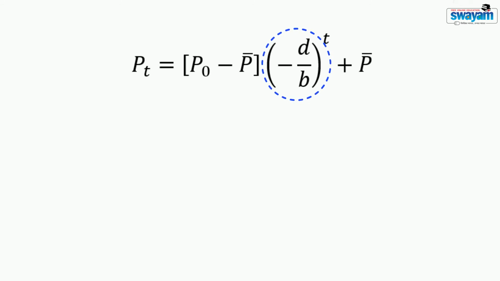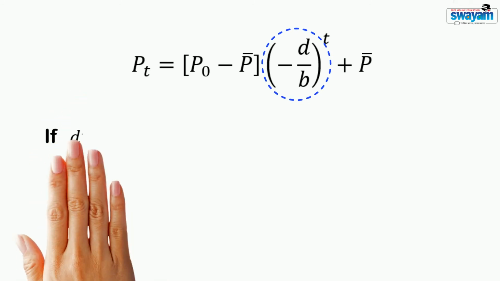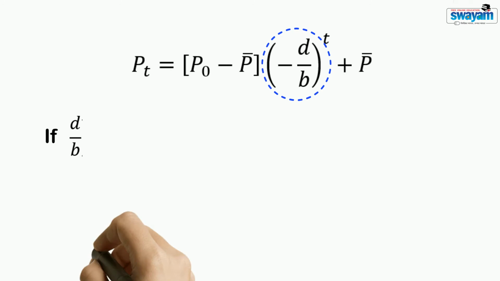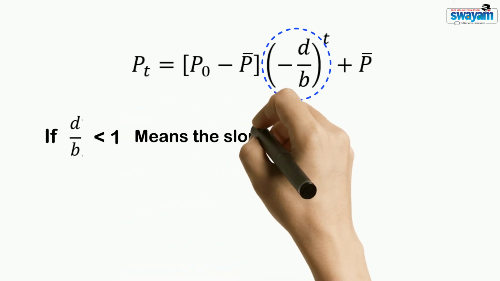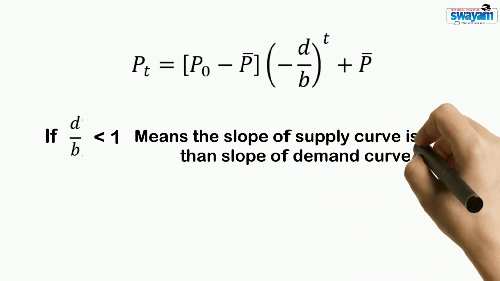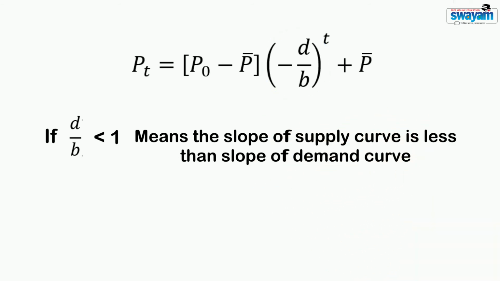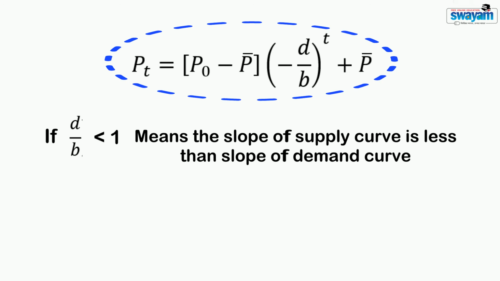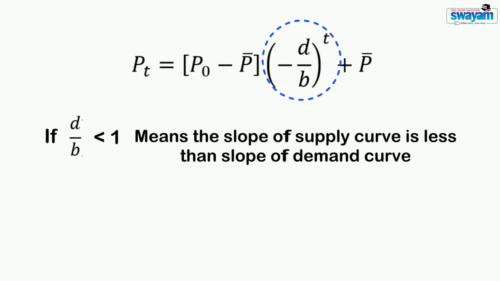If the ratio d by b is less than 1, this means that the slope of the supply curve is less than the slope of the demand curve. Now look at the time path expression. What happens to this term as the value of t goes on increasing?